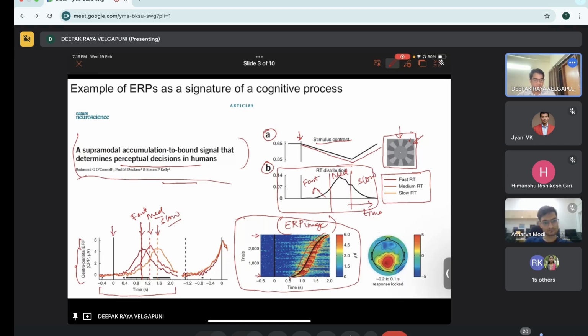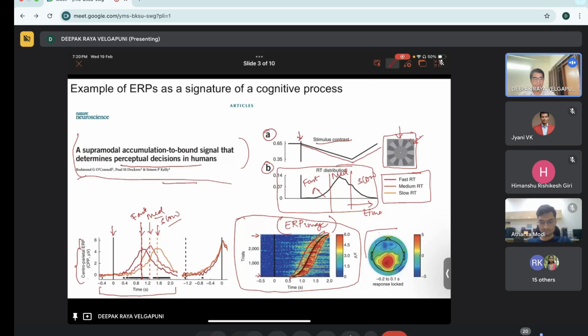This shows that this CPP, the centroparietal ERP, is informative of their reaction times, or perceptual decision times. So this is one example of how ERPs can be related to some kind of process going on. When they average over this window, you get a topo plot like this, to see which part of the cortex is giving the most response.